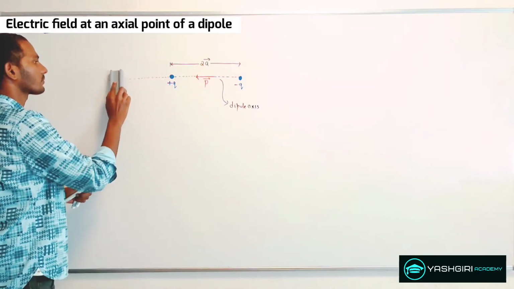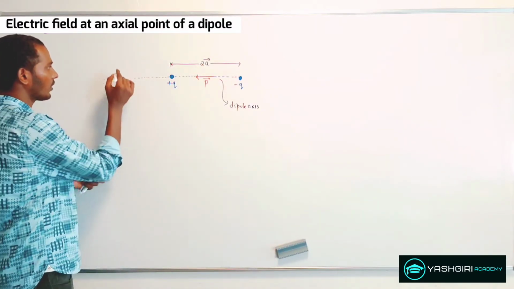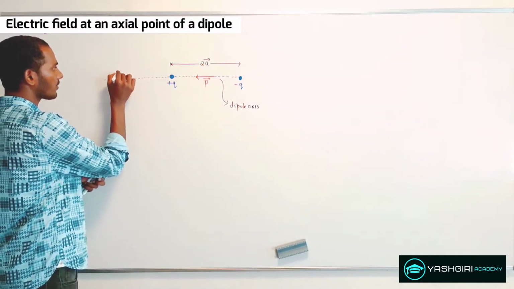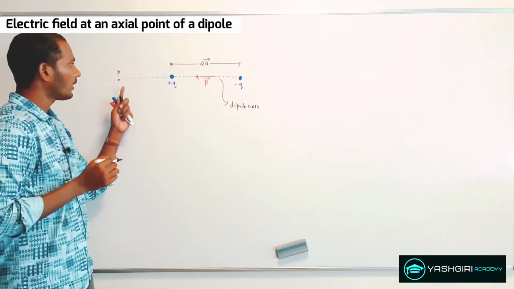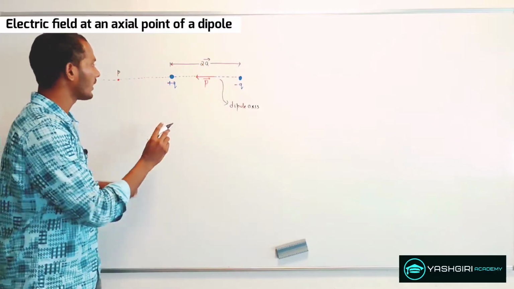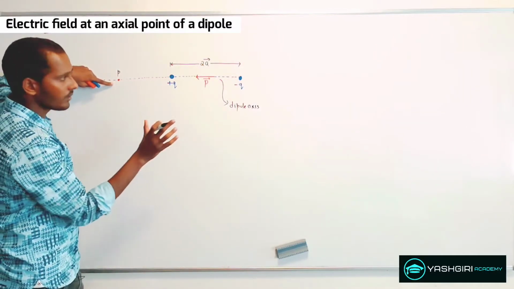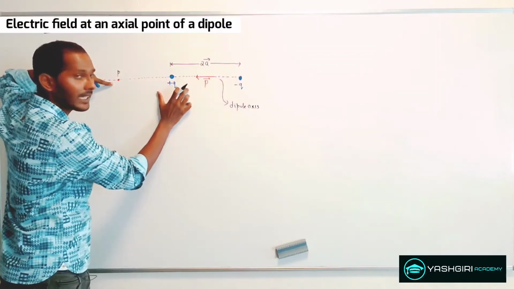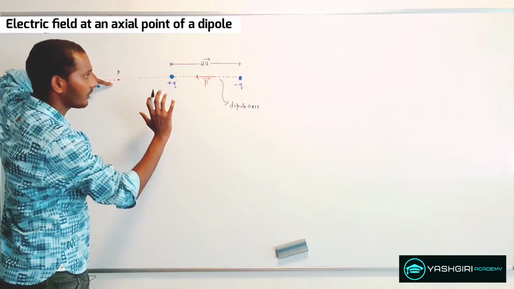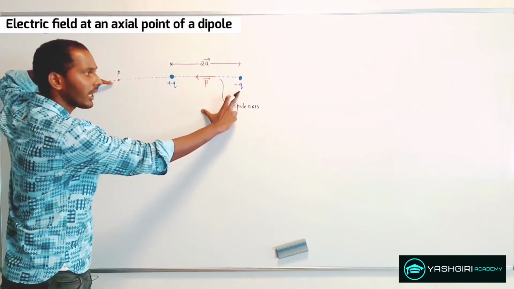Let me say this point to be a point P, or let's say a small p. Now here, first we are interested in measuring the electric field due to individual charges, and then we can get the resultant of this electric field. Now let me consider this negative charge.